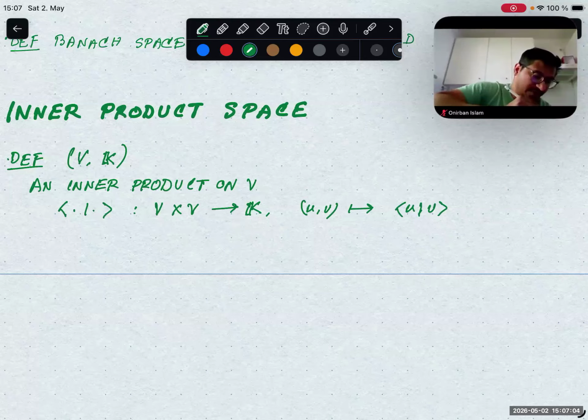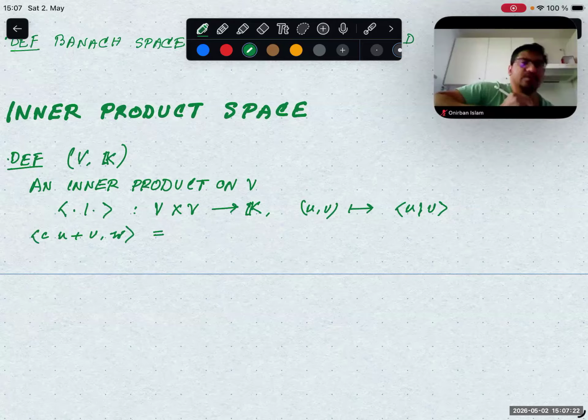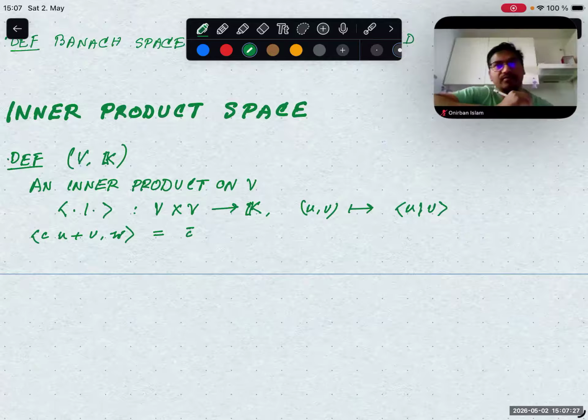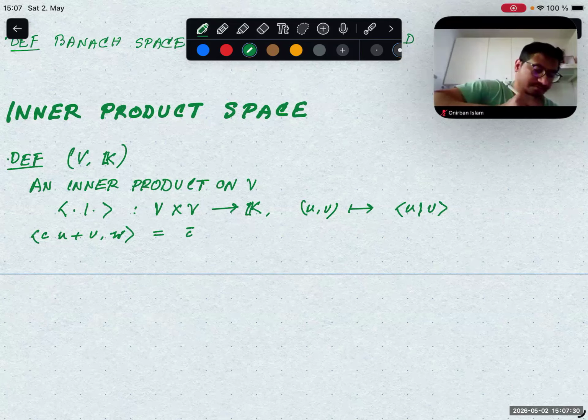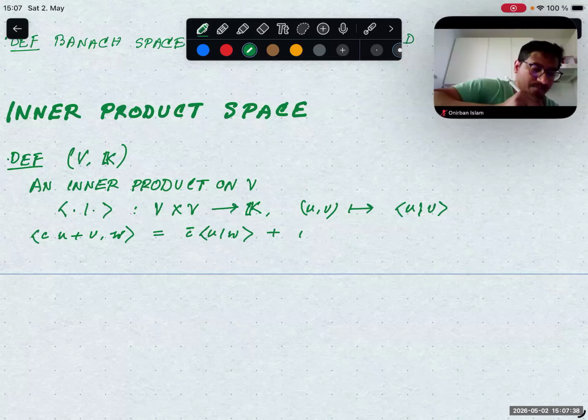The first property is that we have some number c, and then you have cu, which is a scalar multiplication, plus v, and then we need something in the second slot. So we put in w. This equals c bar, by c bar I mean complex conjugation, times <u, w> plus <v, w>.